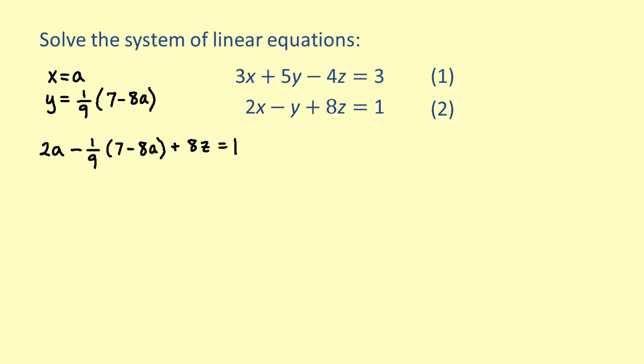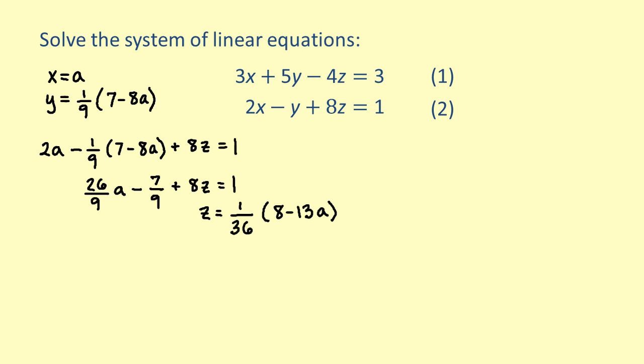First, distribute the negative 1/9 to eliminate the parentheses. Then combine the a terms to get 26/9 a - 7/9 + 8z = 1. Add 7/9 to both sides and subtract 26/9 a from both sides to get the z term alone. Finally, divide both sides by 8 to get z = 1/36 times the quantity 8 - 13a.